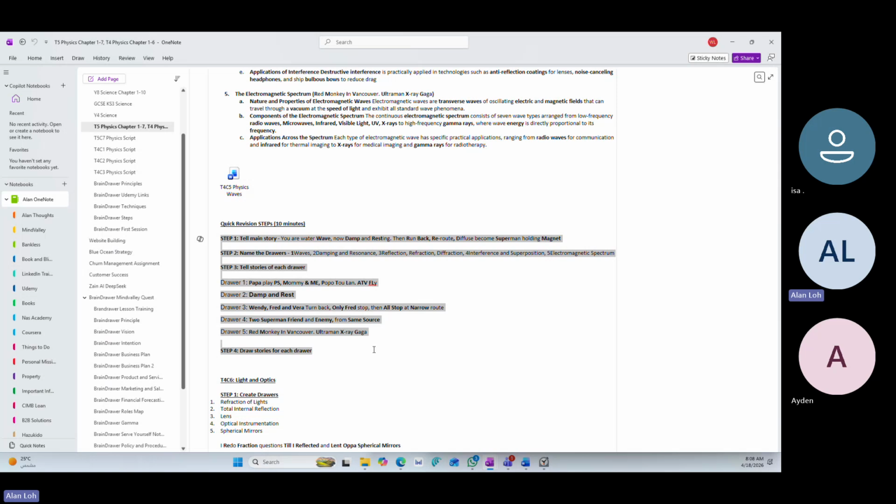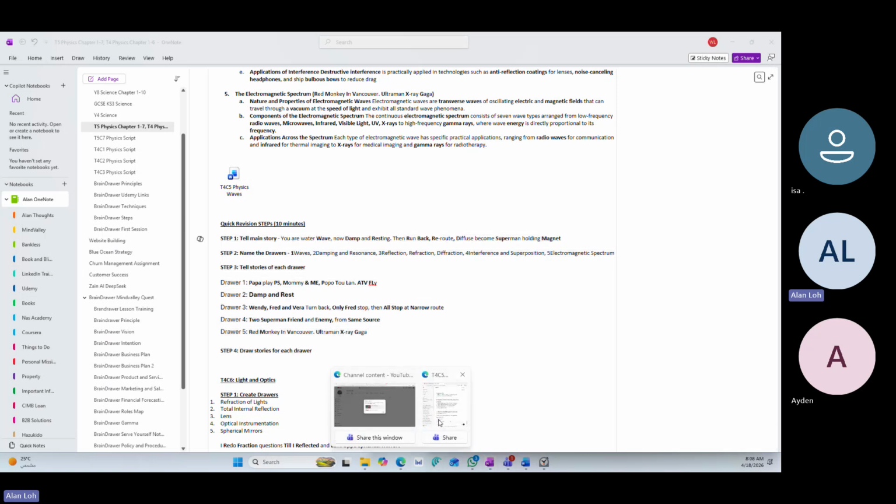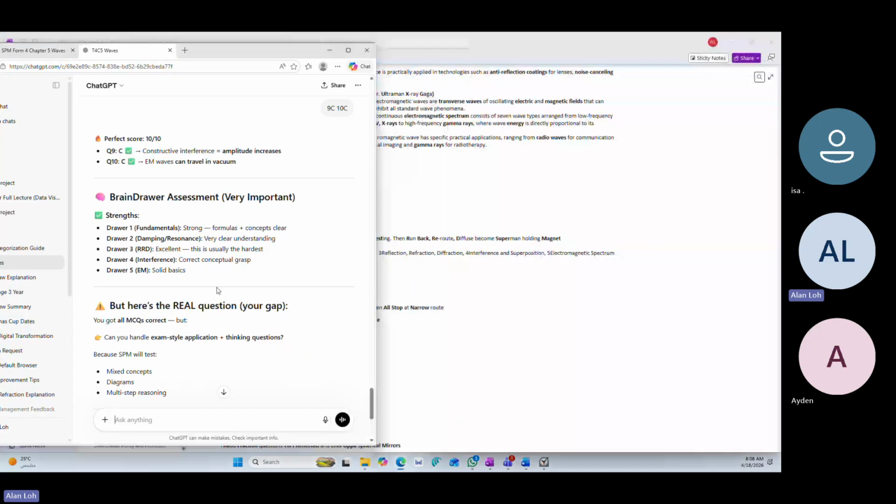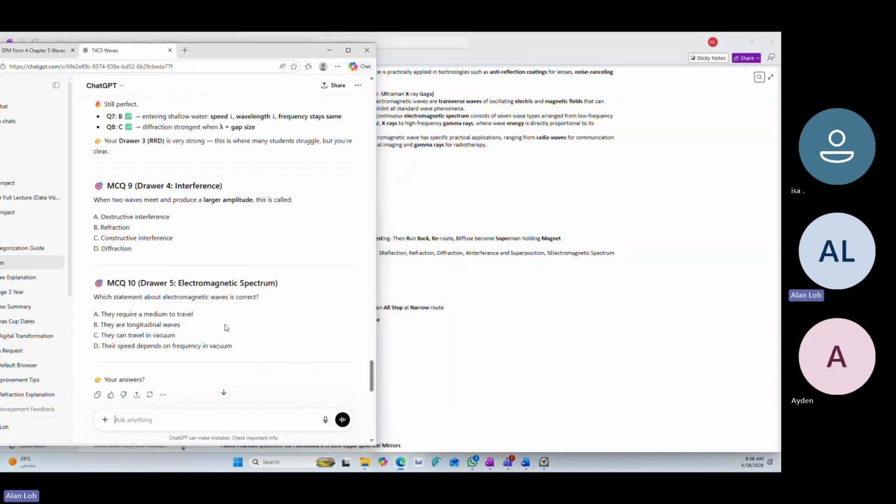One more point. This MCQ, to be honest, is not as hard as the questions you're going to get in your exam. So you need to be exam ready. To be exam ready, you need to do more past year questions, more exercises, or more readings.